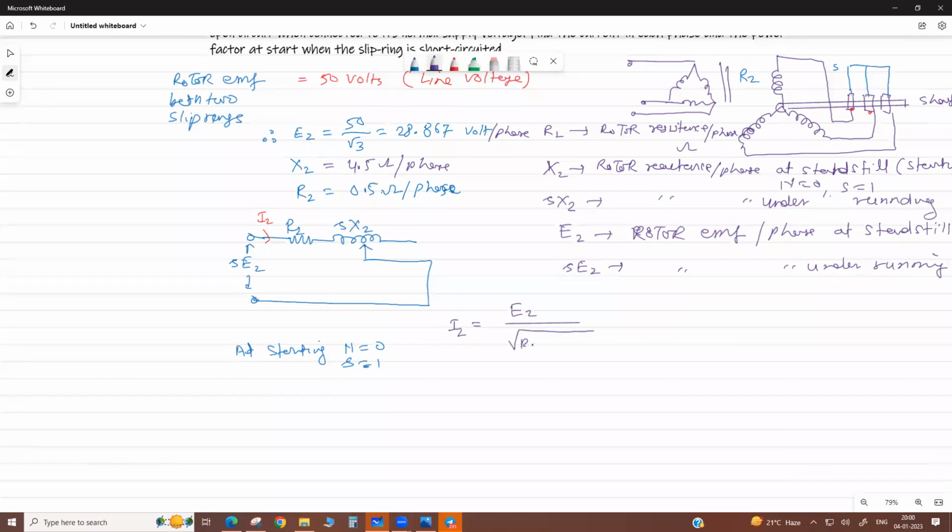Impedance is square root of R2 square plus X2 square, since slip is 1. So this is the rotor current.